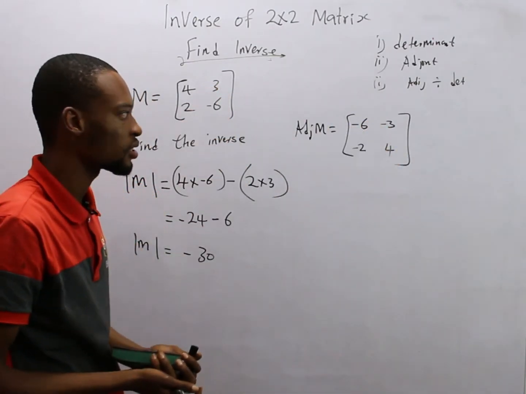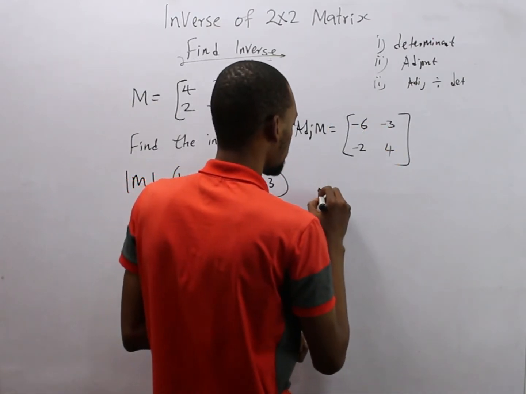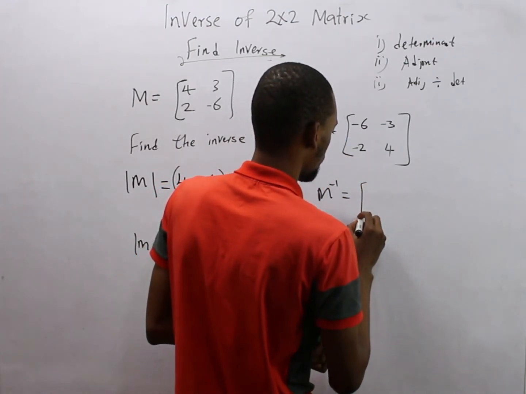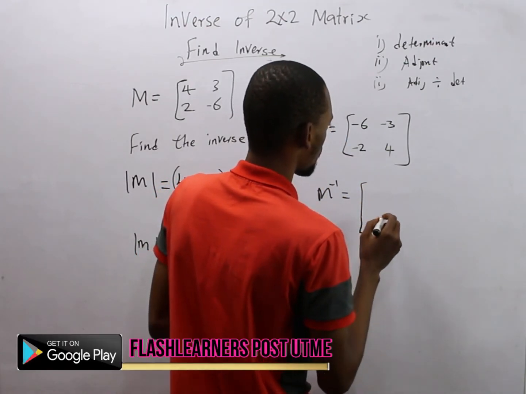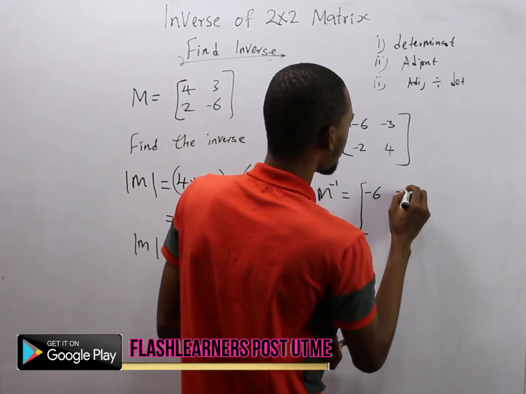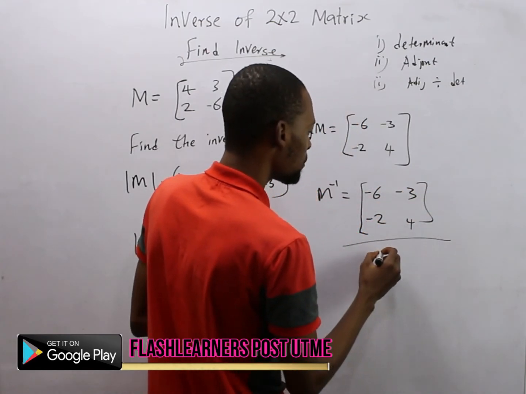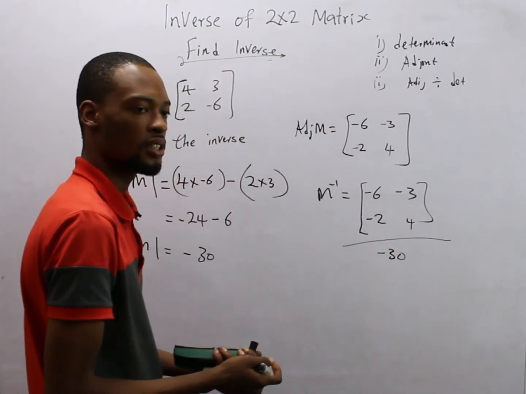Now, the inverse, M inverse, will simply be equal to the adjoint over the determinant, which is minus 30.